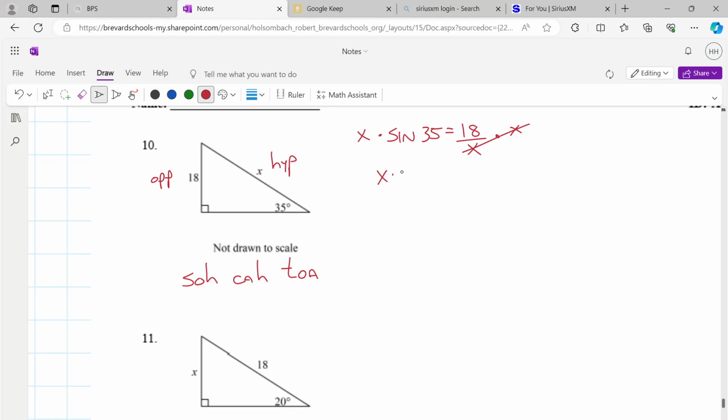So x times sine 35 equals 18. Divide both sides by sine 35. And our x is equal to 31.4.